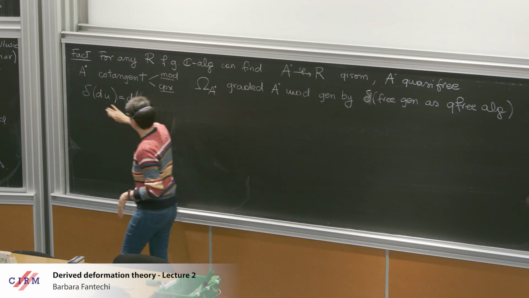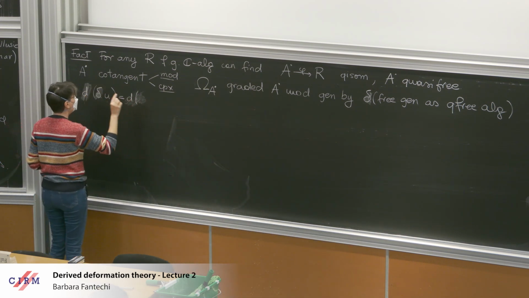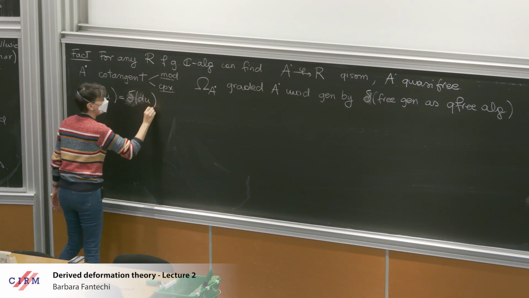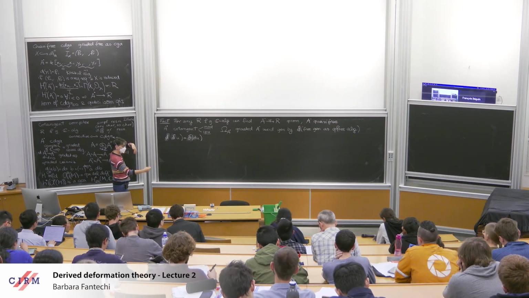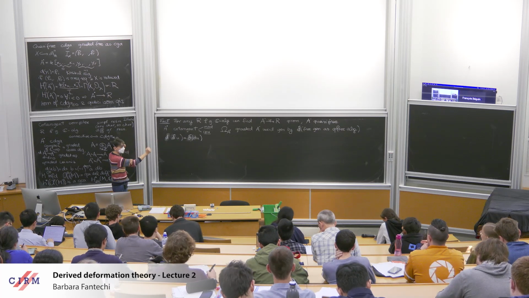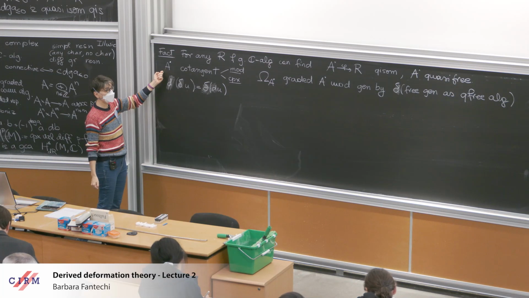And then I have delta of du is d of du. And so I get this complex, which is free in a sense, but with differentials. And of course, it depends on A dot.